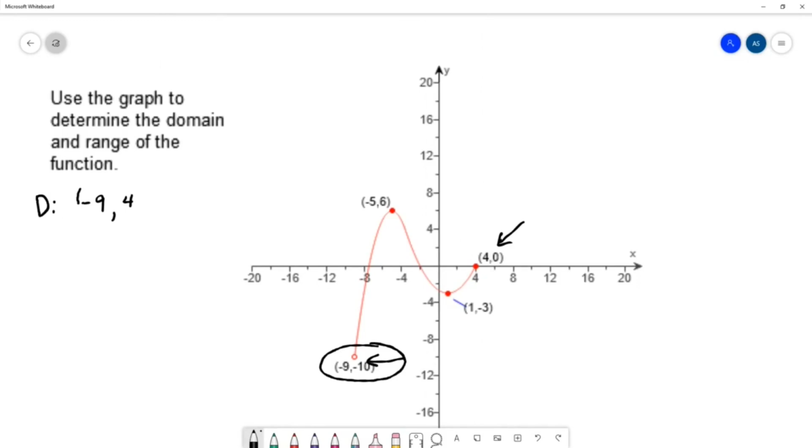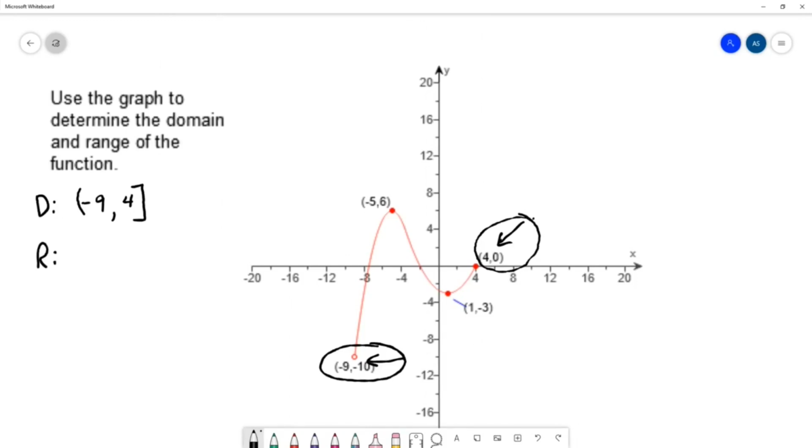So we're going to use a parenthesis. However, this point has a closed circle, and the closed circle is part of the graph and is part of the domain. So we're going to use a bracket on the 4. So we have the domain being -9 to 4, not including -9, but including 4.